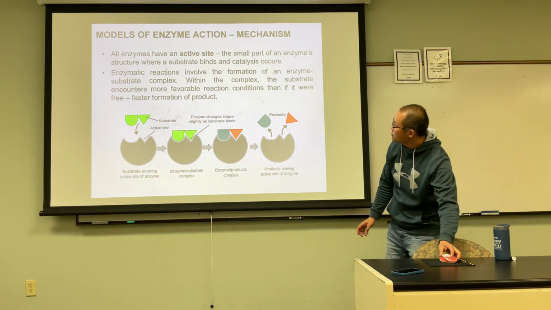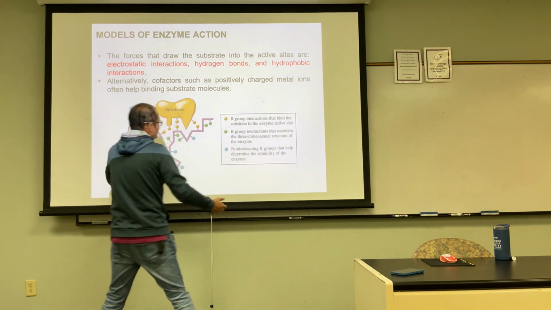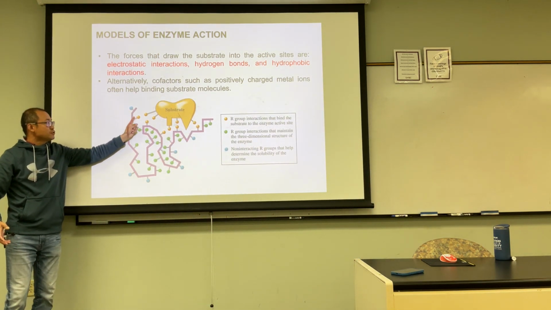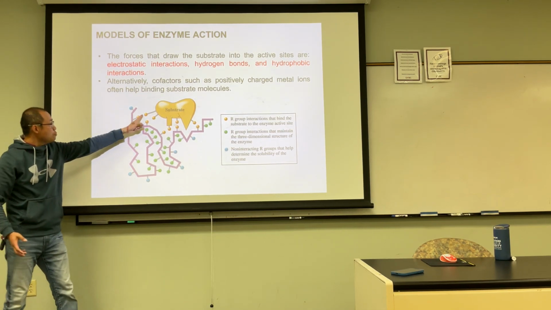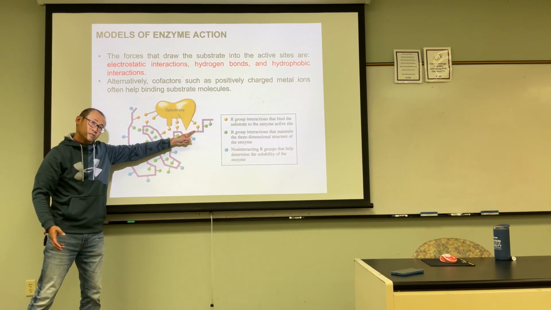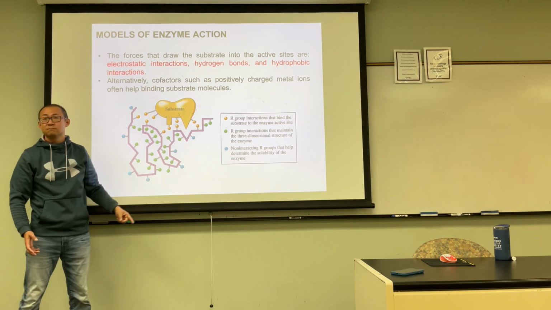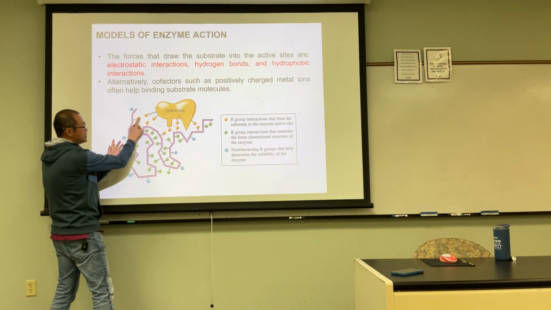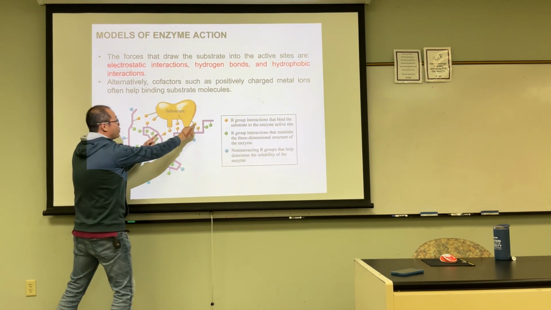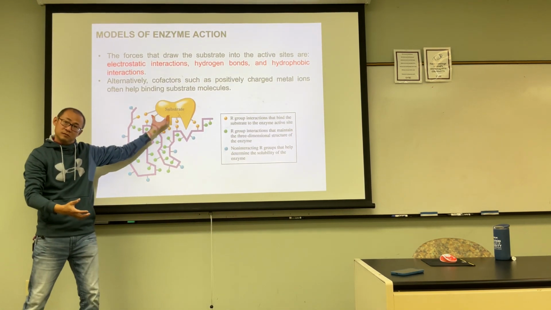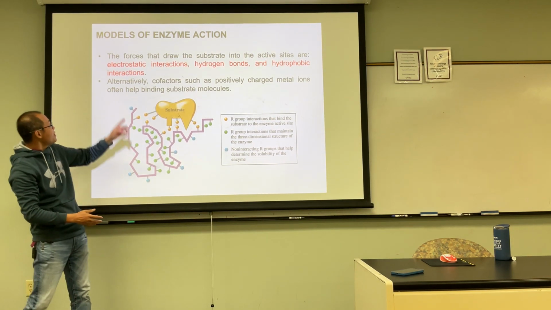Here is a picture that shows you. This is a mimic, not a real enzyme picture, but it shows how the substrate is bound to the active site. The groups on the substrate are interacting with the side chains of the active site, so the substrate can dock into the active site. And the interactions are here.